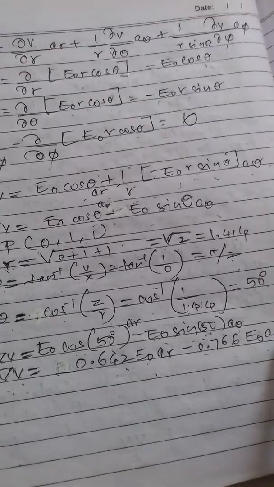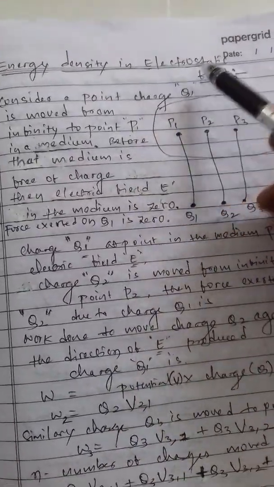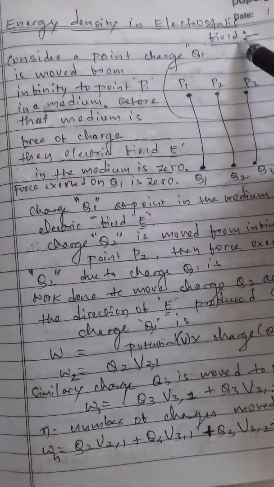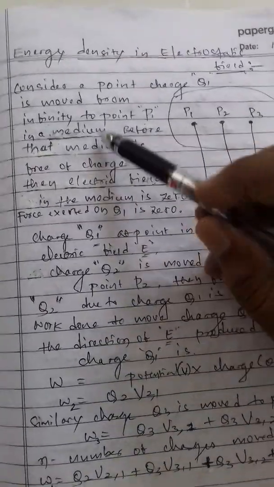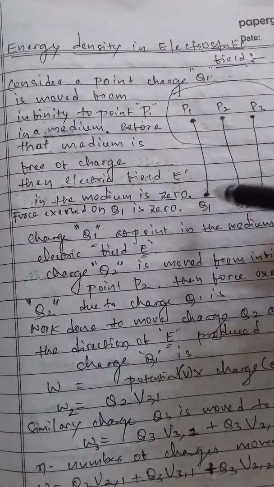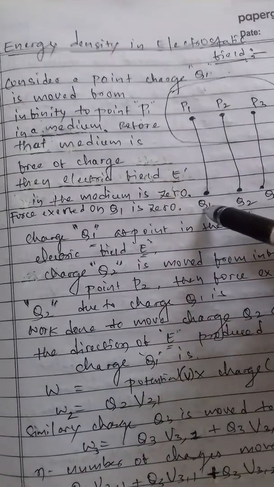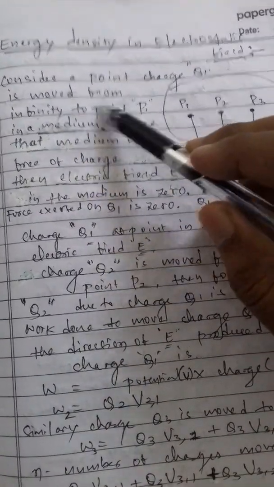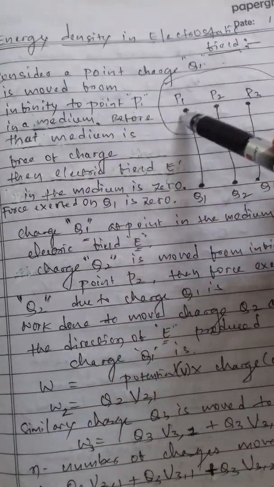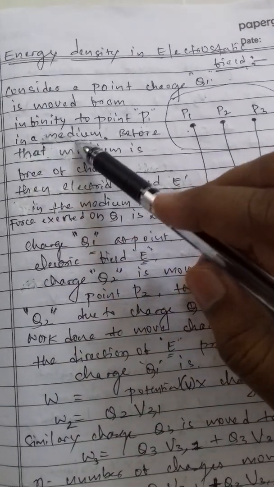This is the value. Now shall I discuss the energy density in the electrostatic field. Here, to determine the energy density in the electrostatic field, consider a point charge Q1 moved from infinity to point P1 in a medium.